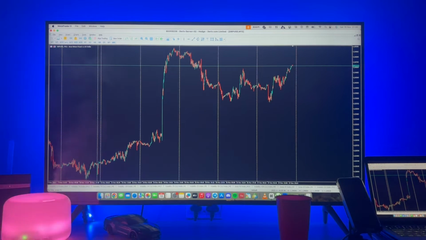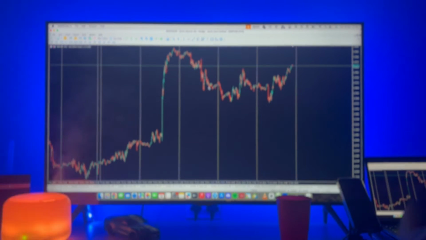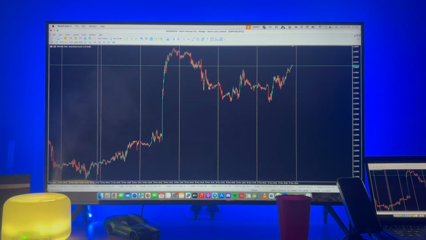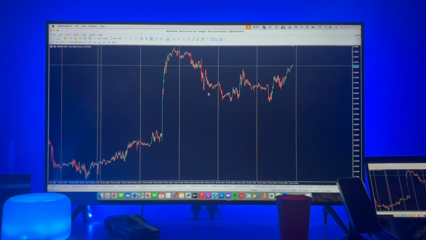So after that, we have spotted our uptrend. Remember, we're looking to buy, right? So after that, what we want to see is that we want the market to start moving in an opposite direction, which is the downtrend.